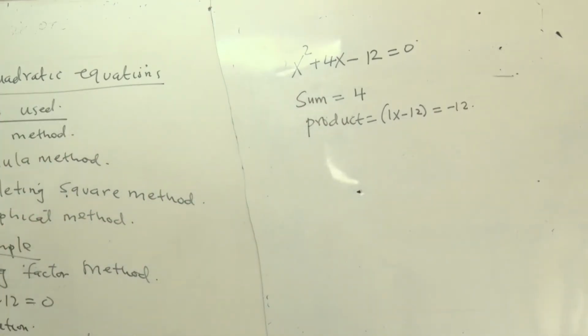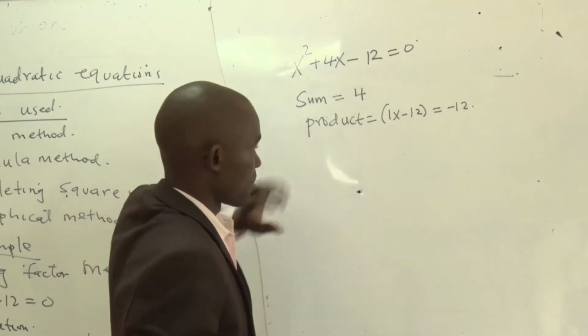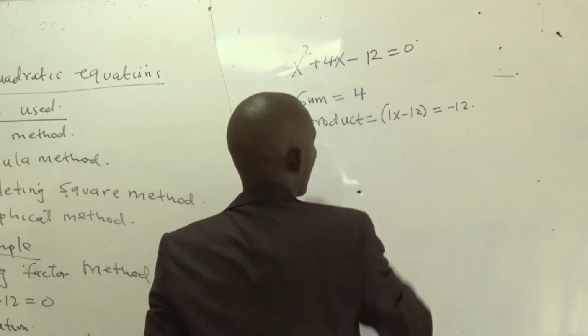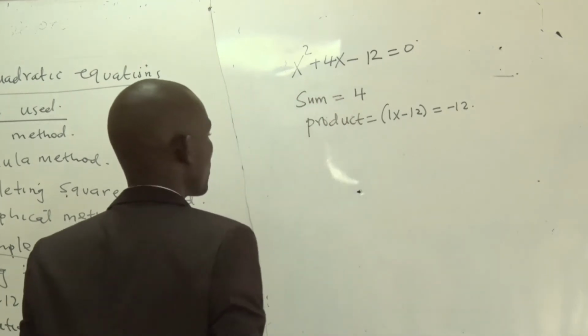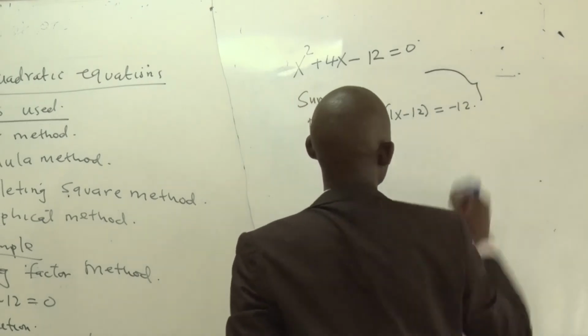After identifying the sum and the product, we will look at the two numbers. The two numbers, when you add, they will give you 4, and when you multiply, they will give you minus 12. So you need to get the two numbers.